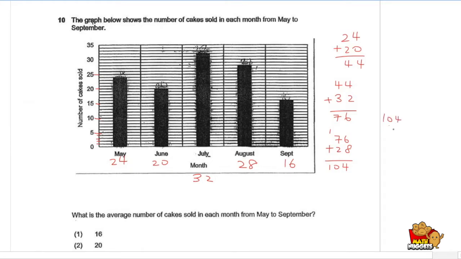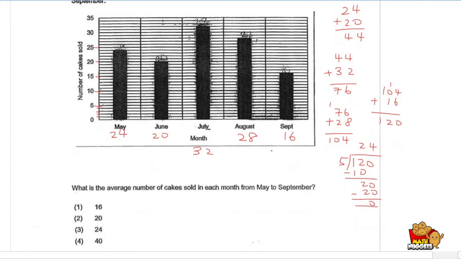And 104 I add together with 16, 120. So 120 is the total, and there are 5 months. So we just need to divide it by 5. And the average is 24. Option 3.